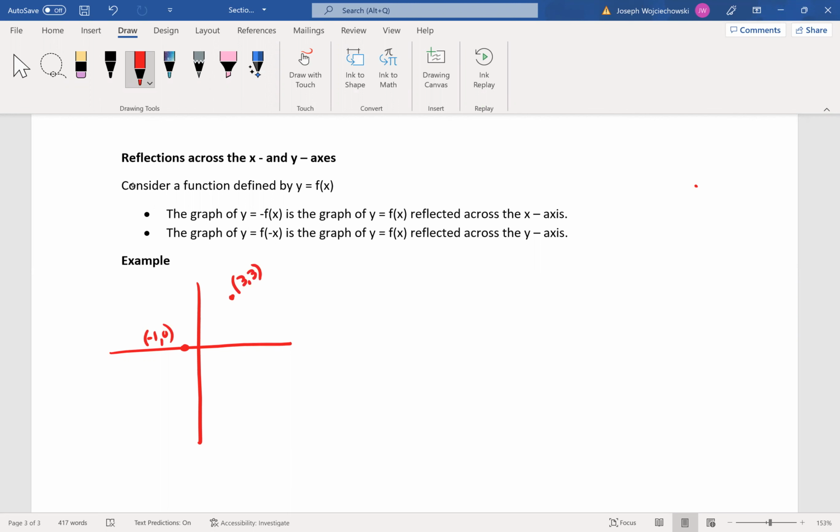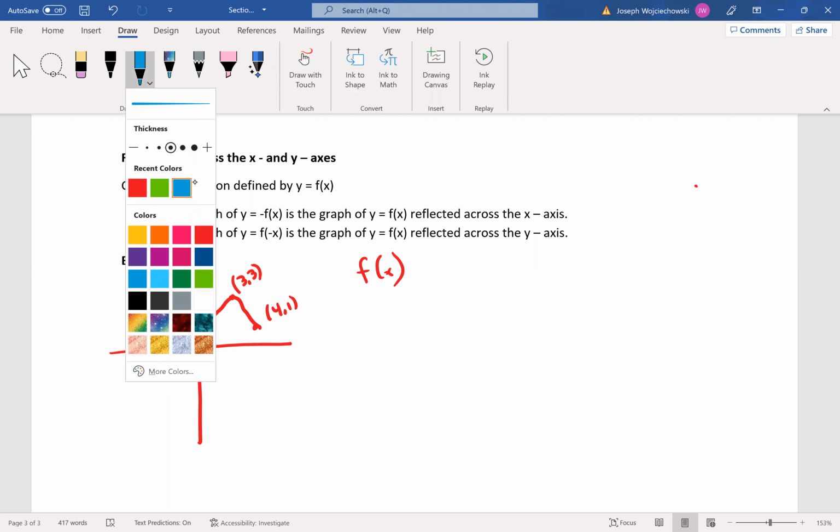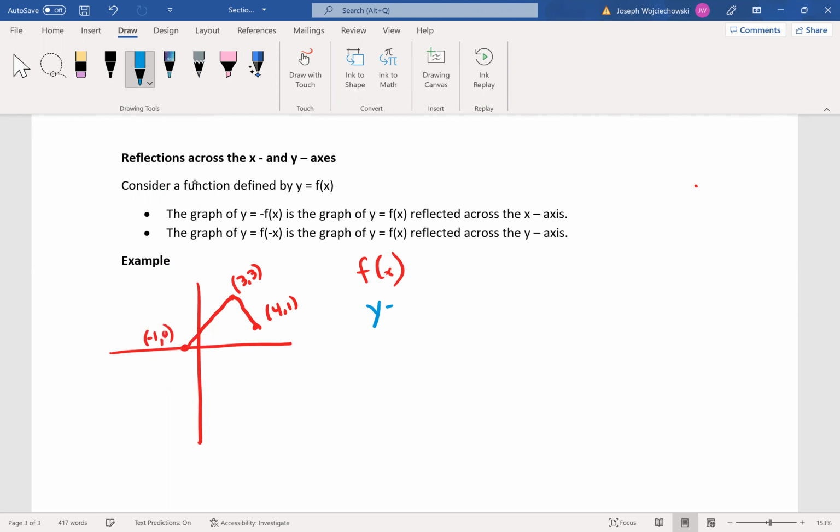And I have a point down here at 4, 1. And that's my initial f of x. So now let's look at y equals negative f of x.